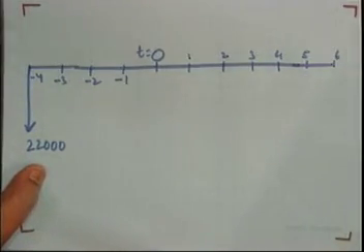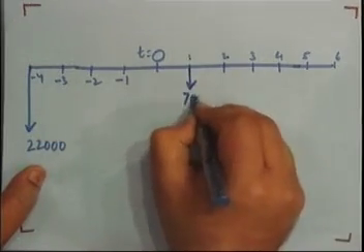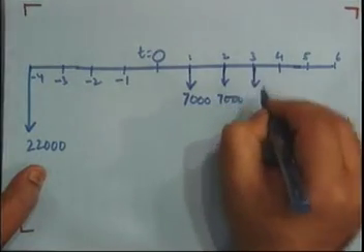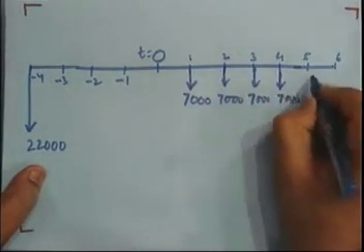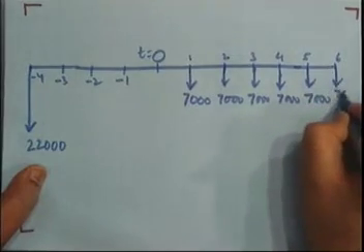Every year I am spending how much towards its operation and maintenance? Rupees 7,000. So, 7,000, 7,000, 7,000, 7,000 here also and here also.